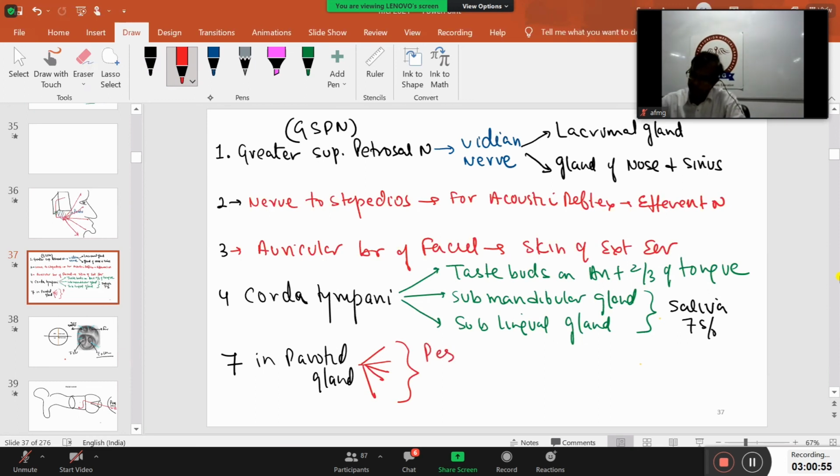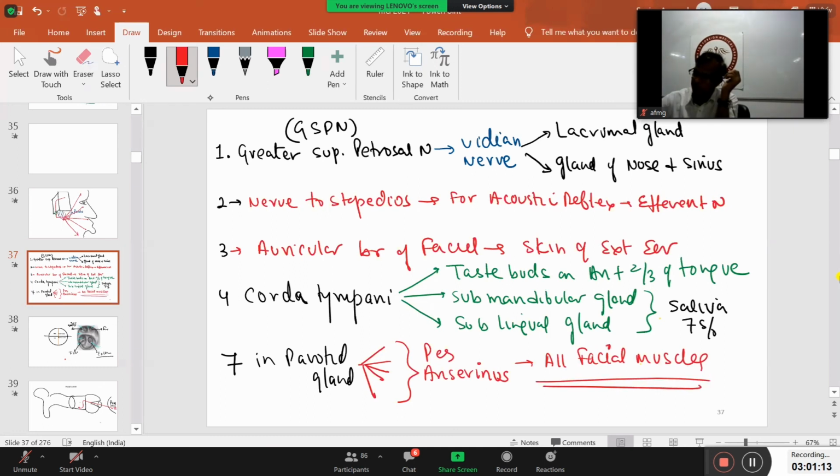They are called pes anserinus. This group is called pes anserinus. And what do they supply? All facial muscles. And this is the end of the facial nerve. And because the facial nerve ends by supplying the muscles of the face, that's why the name is facial nerve. That's how it gets the name facial nerve.